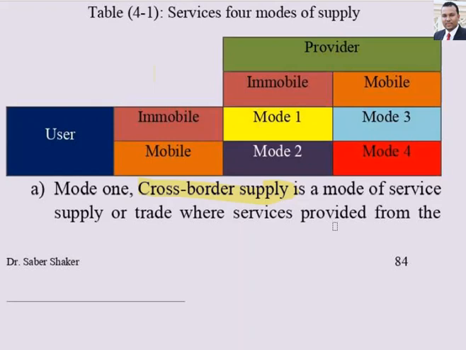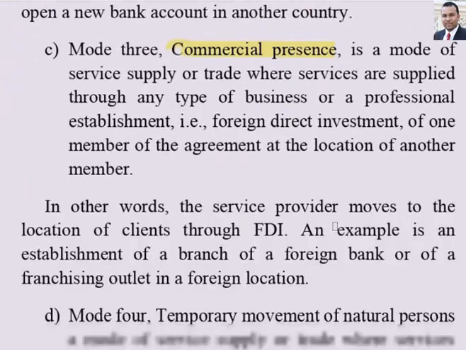Another important point: in mode number one, mode number two, and mode number three, we talk about the provider of a service as a firm or corporation. But mode number four is the case of the provider mobile and the user mobile. In this case, we talk about the provider of a service as an individual or natural person.